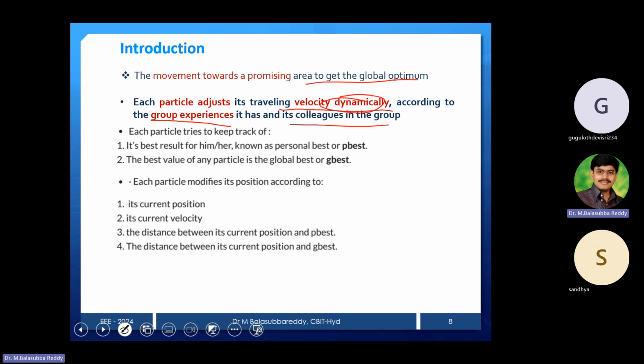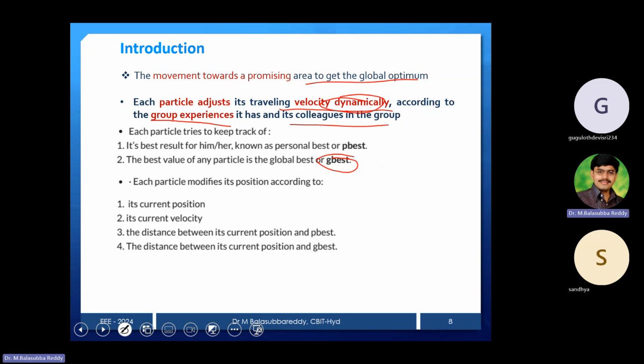Each particle tries to keep track of the best result known to it, called the P best, and the best value among all the particles is the global best. This we call the global best.